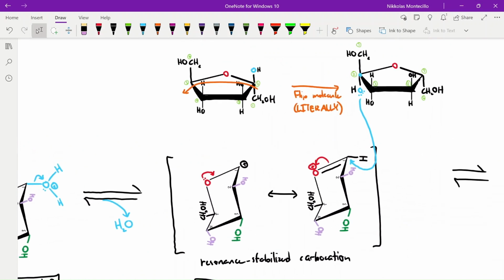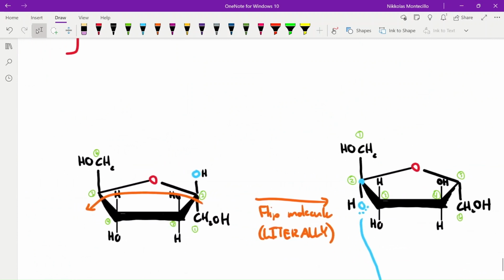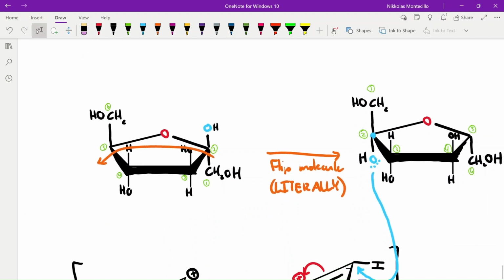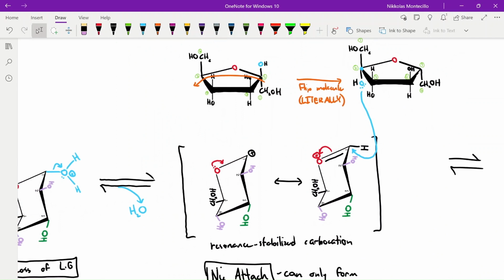However, before the nucleophilic attack occurs, before fructose nucleophilically attacks the glucose molecule, we can see here that the fructose molecule literally flips, as I show in this diagram, so that carbon 2 can act as the appropriate nucleophile, or the oxygen at the hydroxyl group on carbon 2 can appropriately nucleophilically attack the glucose molecule.